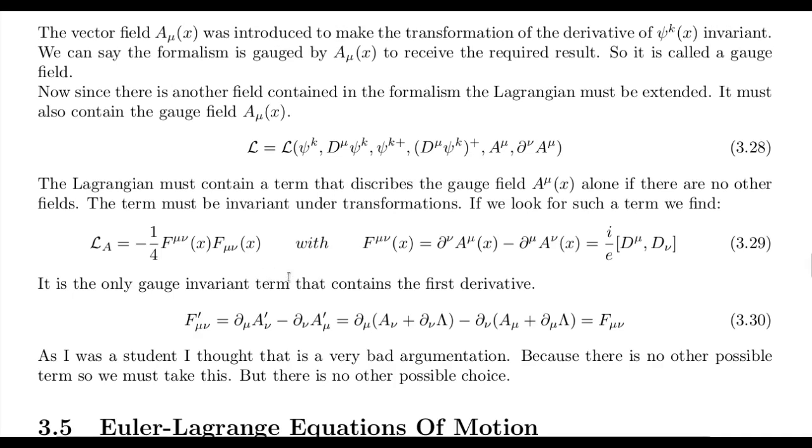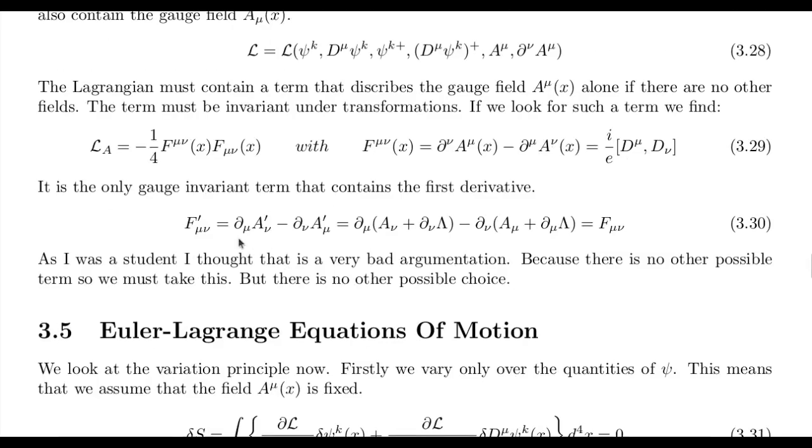And so it is necessary to use this term because there is no other one that works. And we can consider the transformed F. If we want to write down the transformed F, then this is d A prime, d A prime. And then we substitute A prime. We have seen that is A plus the derivative of an arbitrary function. So we write A nu plus d nu lambda. And here the same in the second term, only with exchanged indices.